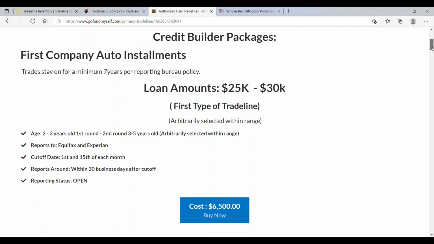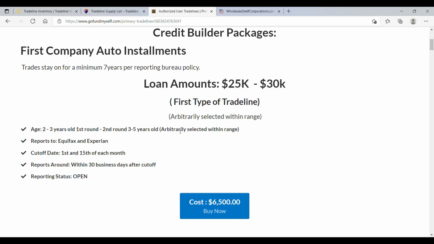It says 2-3 years, tells you what bureau they report to, and which date to buy it between, the first or 15th of each month. And look at the price, 6,500. If you're buying this for 6,500 and you get it reported as a loan, I mean, that's pretty amazing.